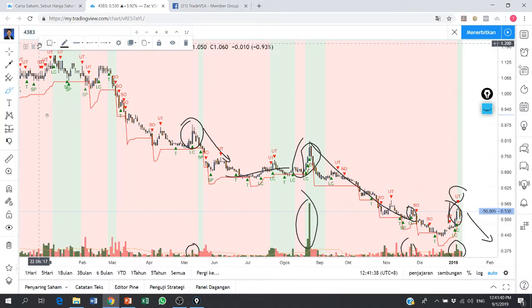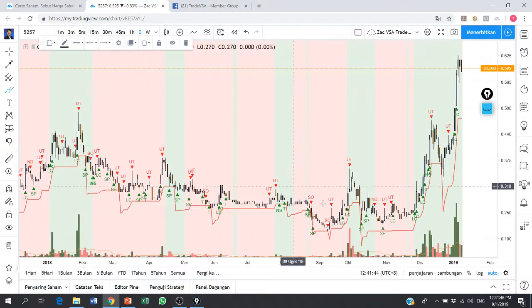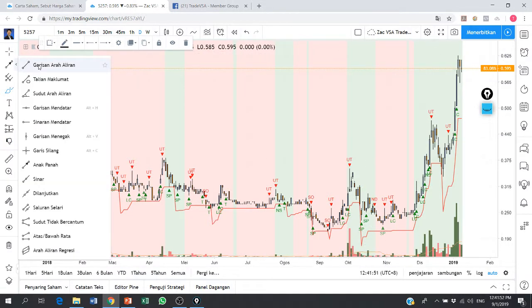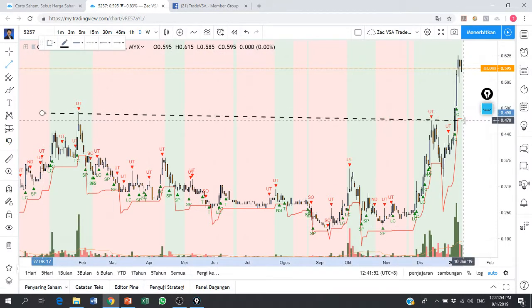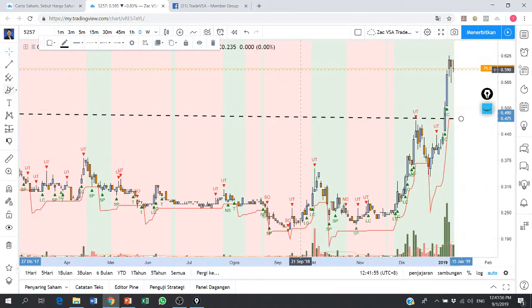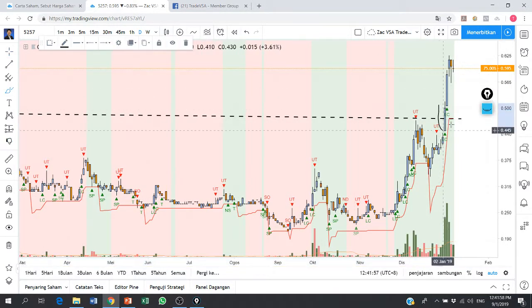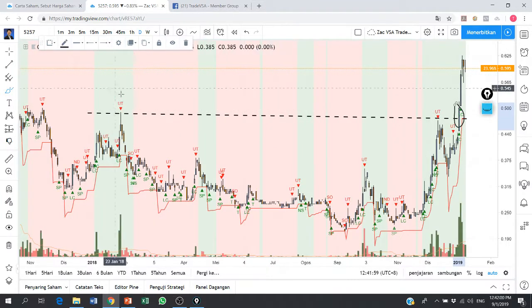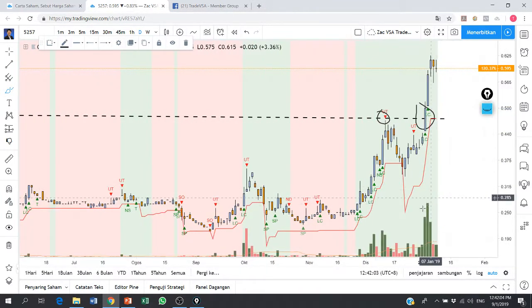Okay, another stock from J-Link, Charimin. Charimin is a nice one. Again, if you follow us on Telegram, we did spot it and pick this up on this bar here, after it broke through these 2 resistances with extremely high volume.